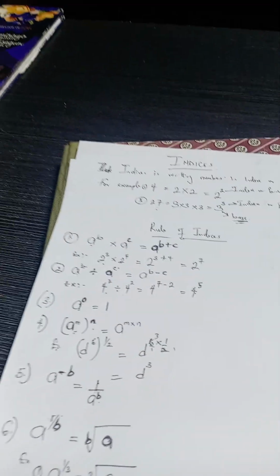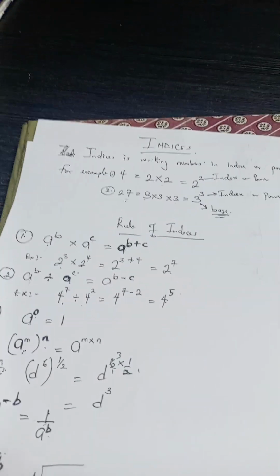So these are the 8 basic rules of indices. When you get to GMAT and Olympiad questions, I'm not going there for now. I'm here for the O level students, so that we can move on to the Olympiad and GMAT exams later. For now, let's deal with O level.